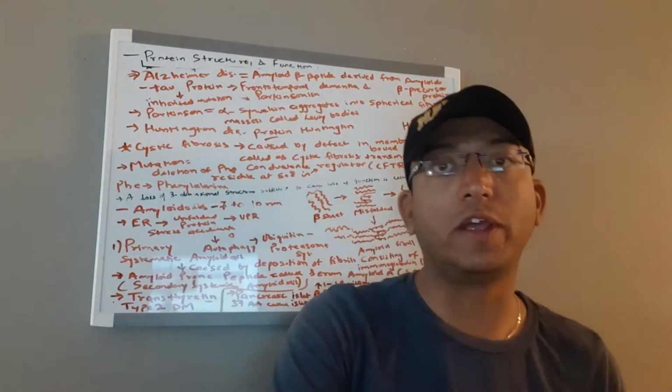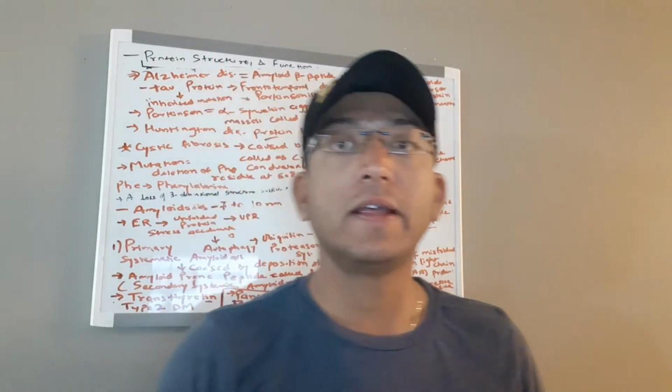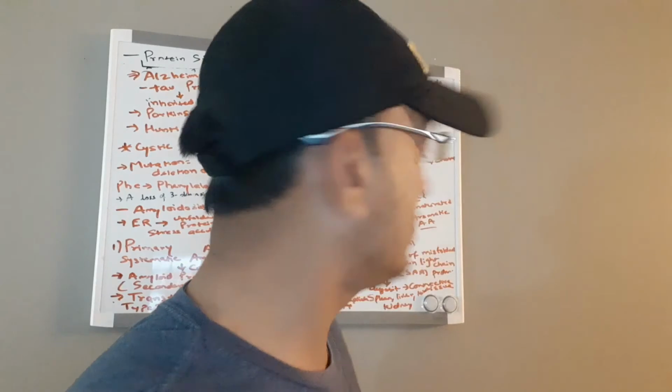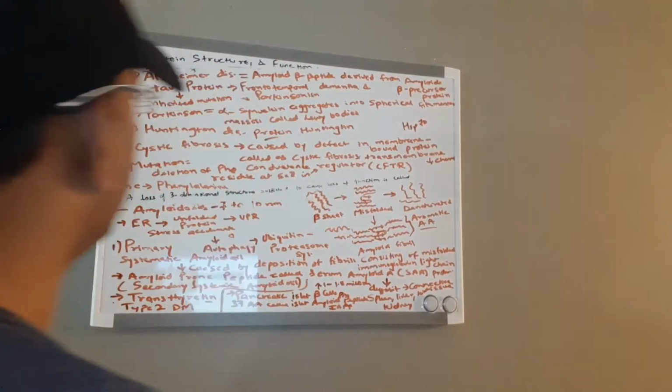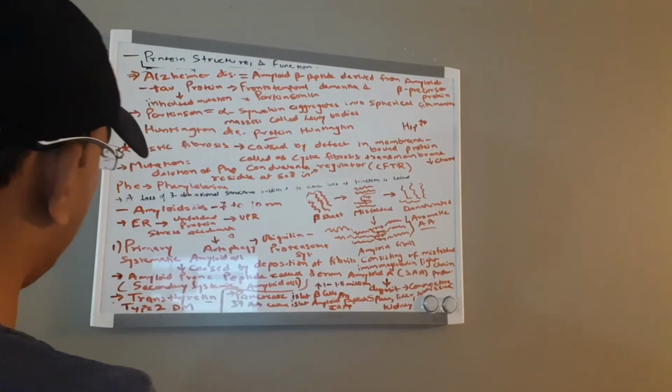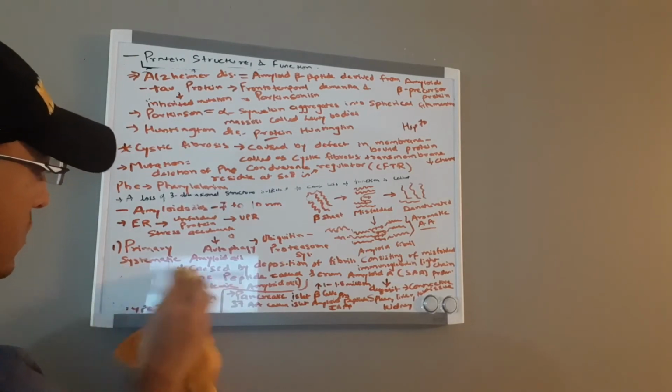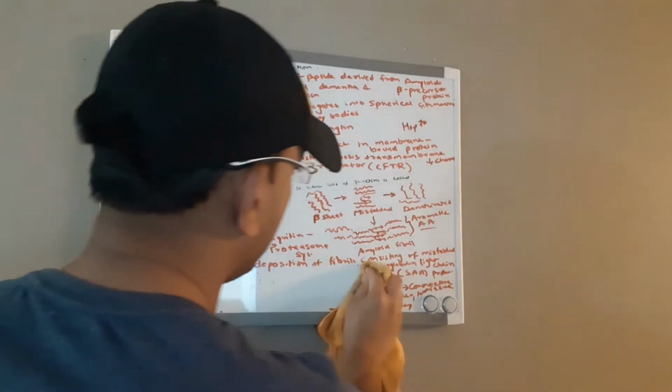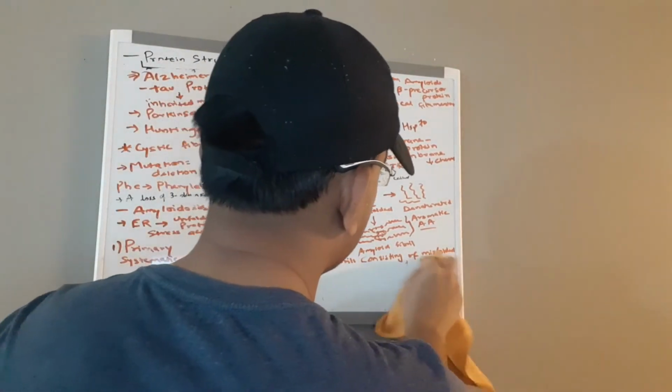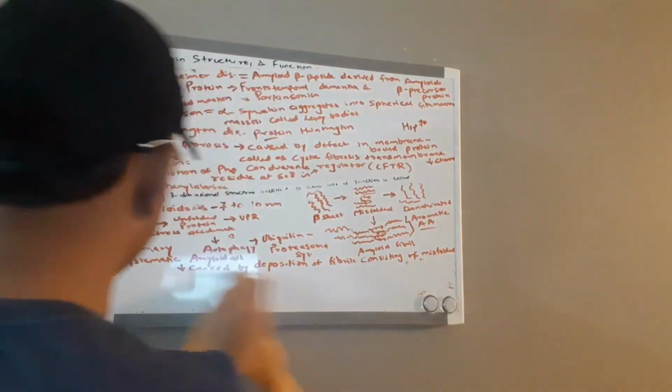There is one more thing for the misfolded protein, and that disease is really fatal. So we'll just remove this and discuss a small part of it. It's a historical thing.